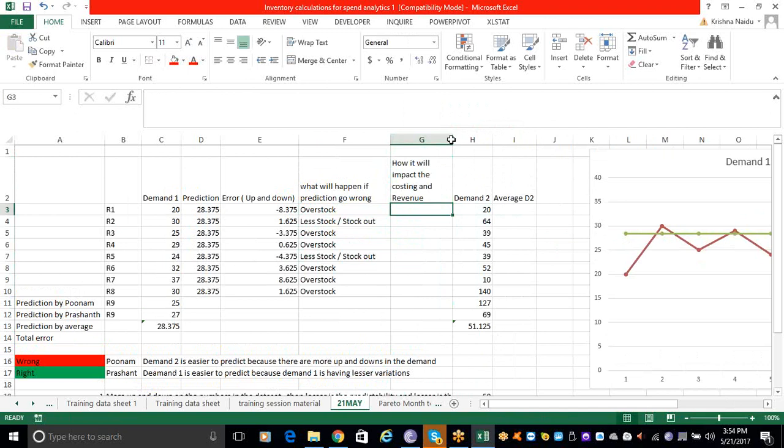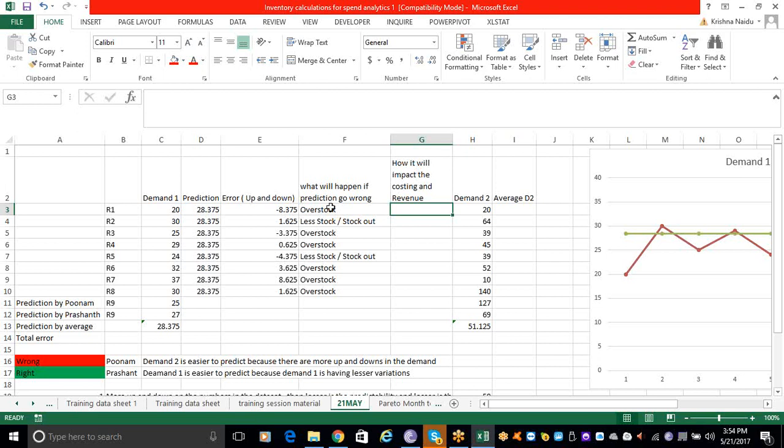Now another question comes: what will happen if it is overstock and if it is less stock? How is it going to impact the financial outcome? And what is financial outcome? The cost savings and the revenue, right?